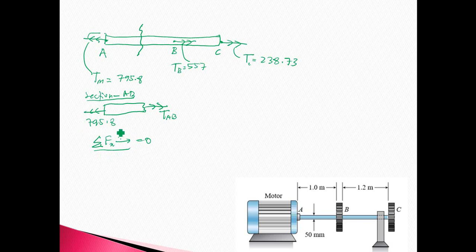So from the free body diagram of section AB, we can write that TAB minus 795.8 is equal to 0. So TAB is equal to 795.8 Newton meter.